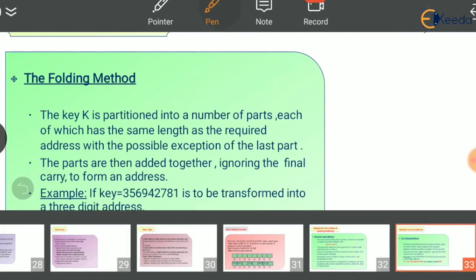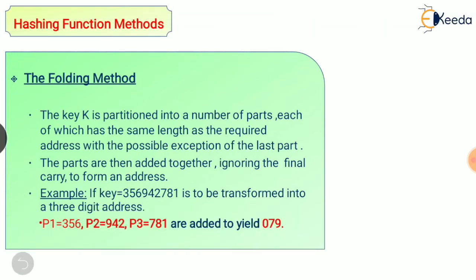To understand this completely, we take an example. Here we are using a key. Now the key is 356942781.